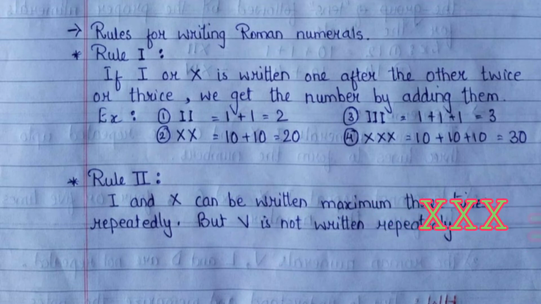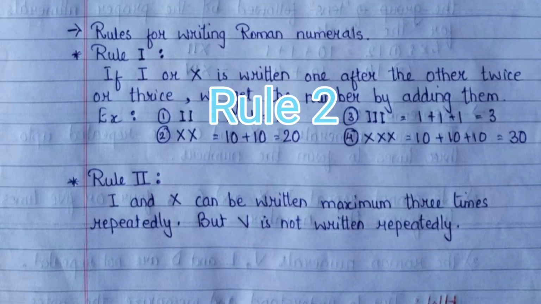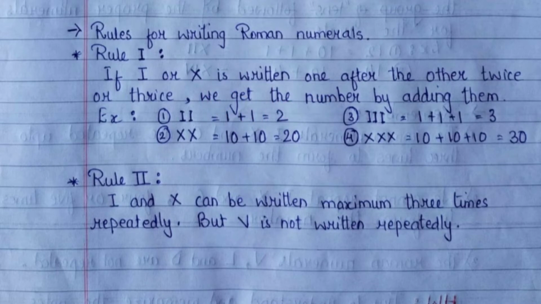So, this way we form the numbers. Now, our next rule is I and X can be written maximum 3 times repeatedly, but V is not written repeatedly. So, these are the two very important rules.